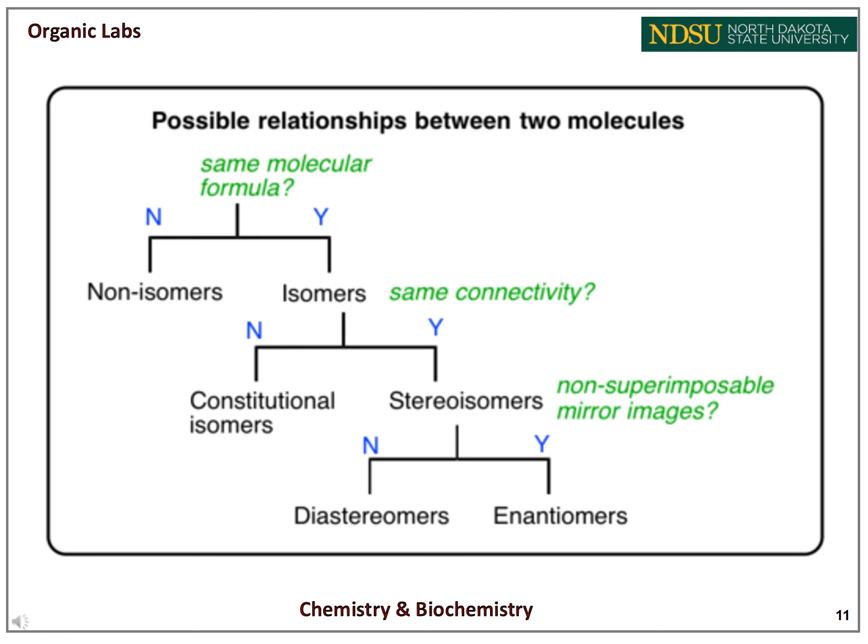If they are stereoisomers, they can be diastereomers or they can be enantiomers. Now, it is important to remember that when you say diastereomers or enantiomers, you are referring to the relationship between two molecules. You can never say that one molecule is just an enantiomer. It is an enantiomer to another molecule.